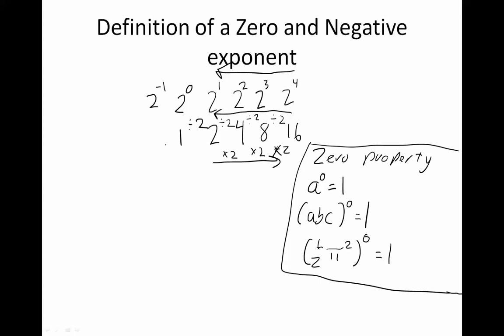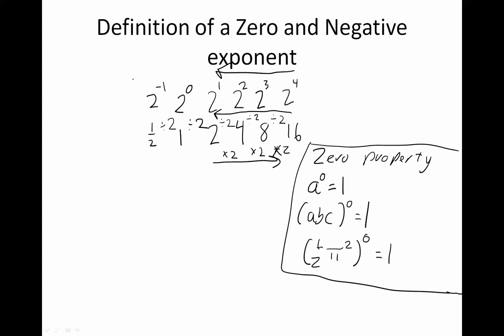What happens to this value down here? We're going to continue the pattern. We're going to divide by 2. And when I divide by 2, I'm taking 1 divided by 2. And what do I get? 1/2. Notice that what happened was the 2 became a reciprocal.